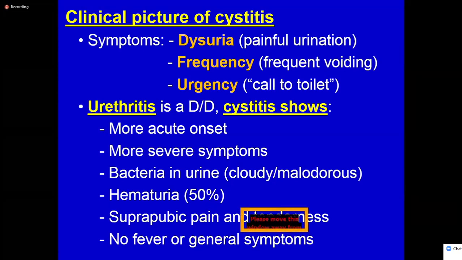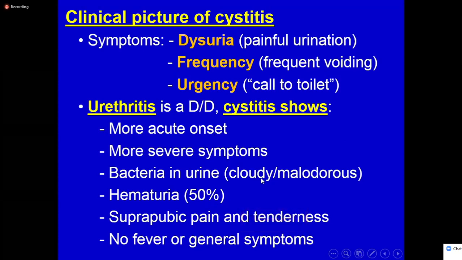The differential diagnosis between cystitis and urethritis, inflammation of the urethra. Cystitis shows a more acute onset than urethritis, with more severe symptoms.